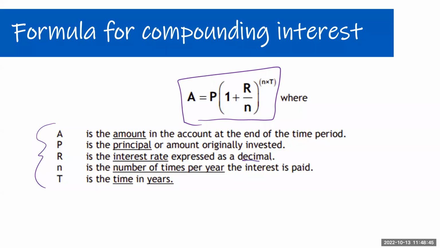Remember, it has to be a decimal. N is the number of times per year that the interest is paid. So remember, semi-annually it's paid twice a year, quarterly 4 times a year, monthly 12 times a year, daily 365. I guess weekly you could have 52 times a year, things like that. The same numbers from the previous lesson. And T here is going to be our time in years, just like in simple interest.